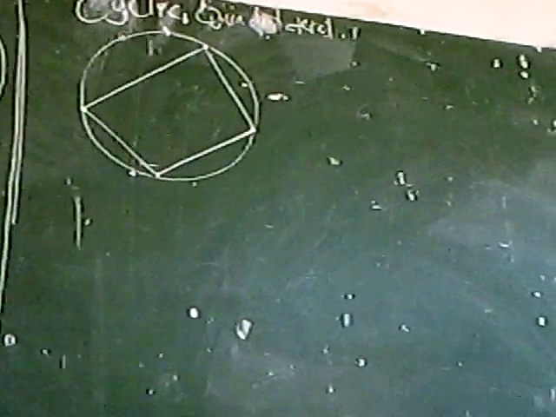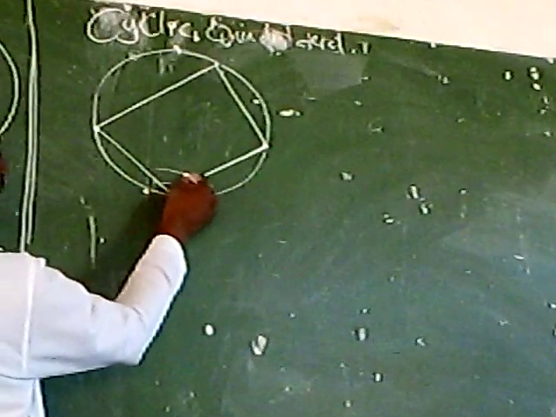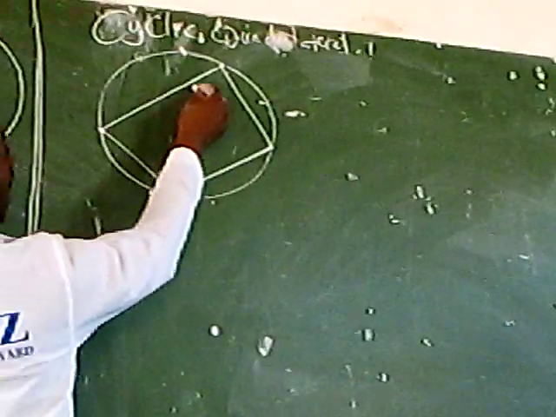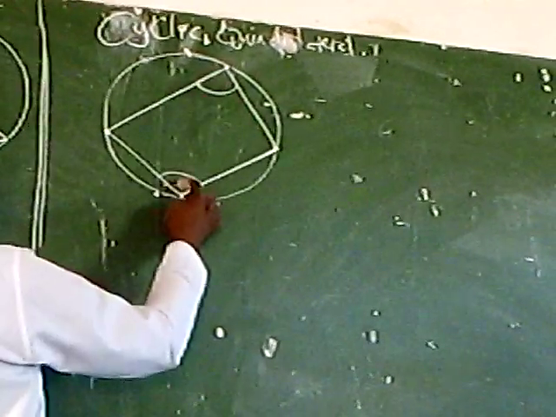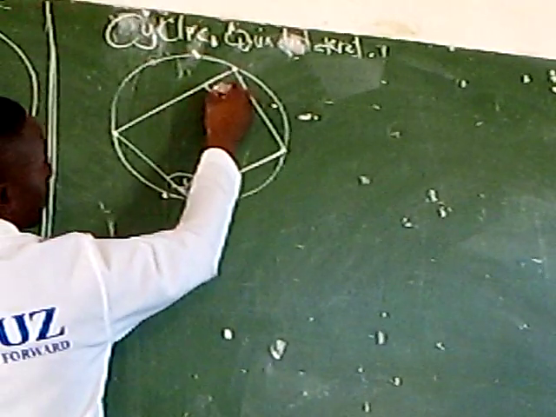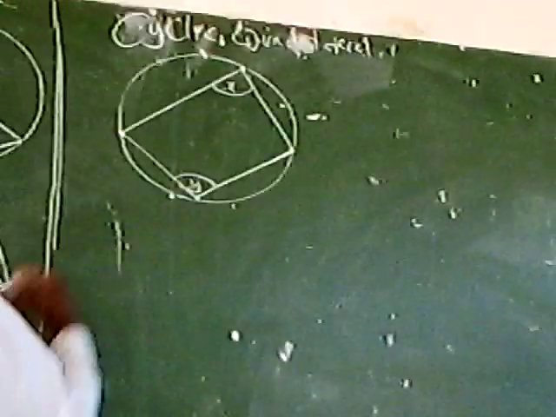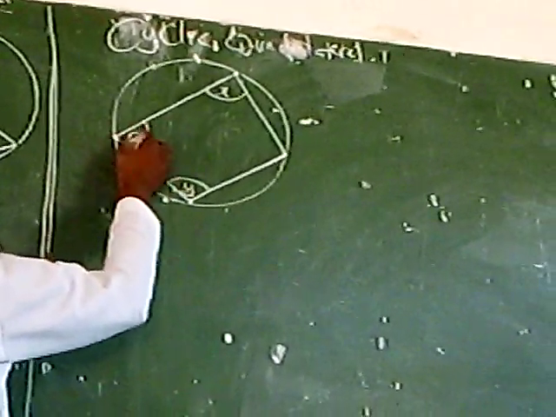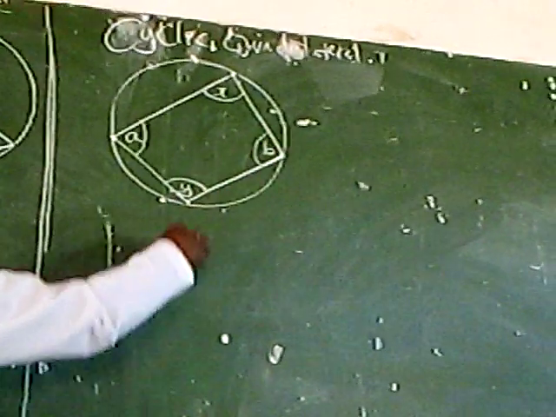We did mention further that the sum of the opposite angles in a cyclic quadrilateral add up to 180. They are said to be supplementary angles. If this is A, plus this one here, they'll give you 180. That's the principle.